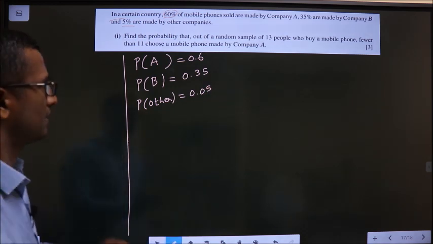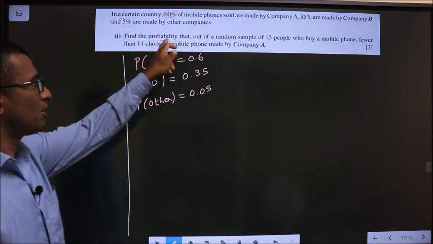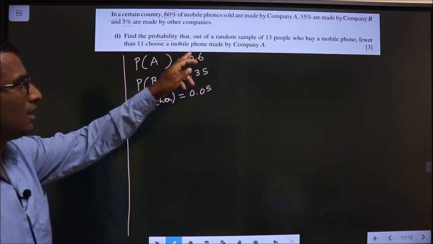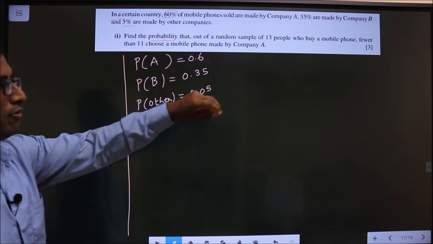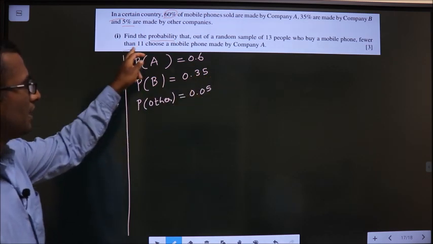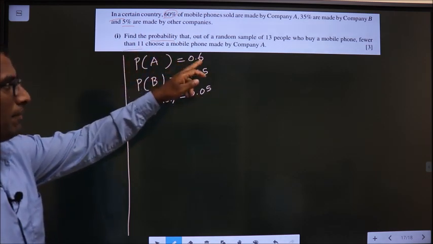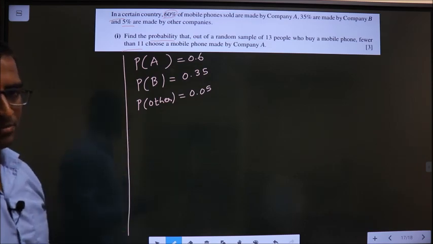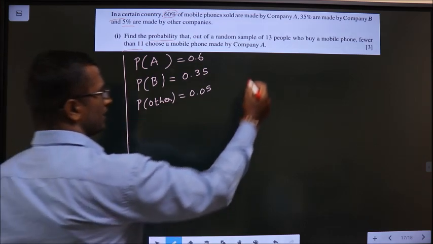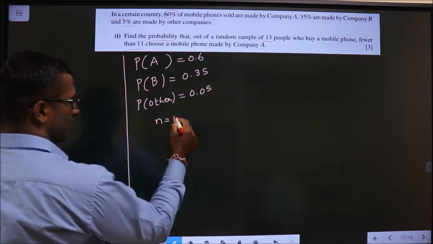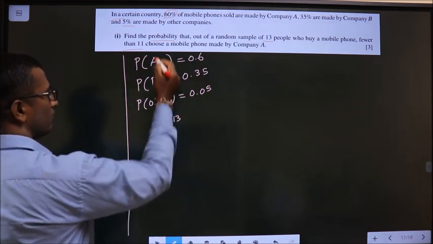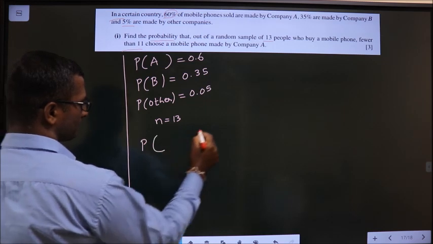Okay, next. Find the probability that out of a random sample of 13 people who buy a mobile phone, fewer than 11 choose a mobile phone made by company A. See man, here 13 people, so n will be 13. You need to find the probability.